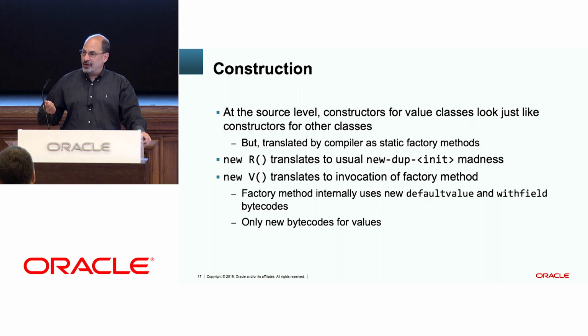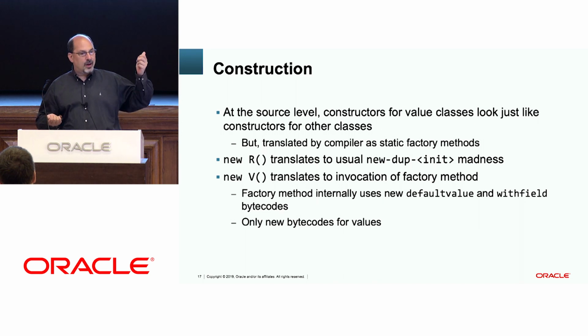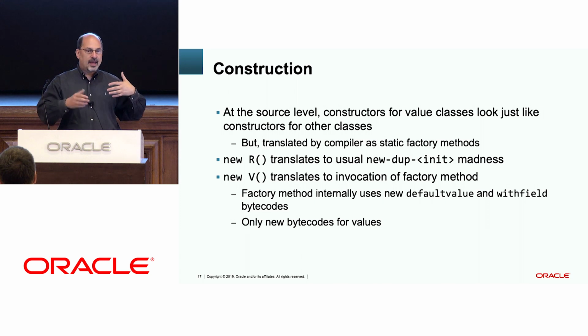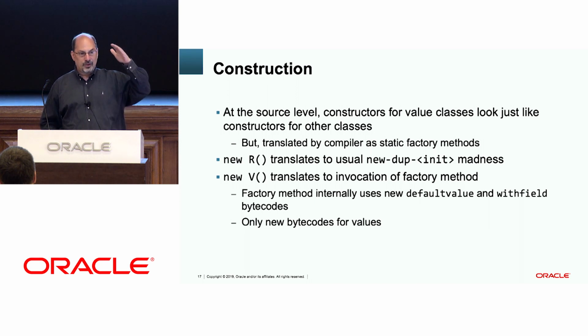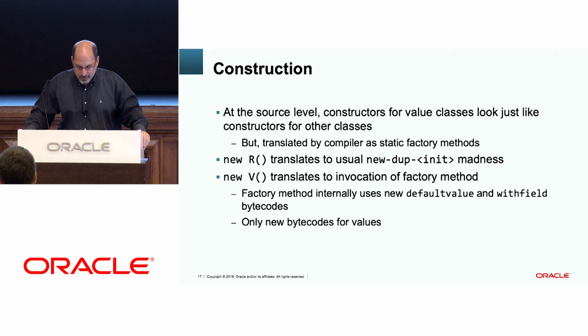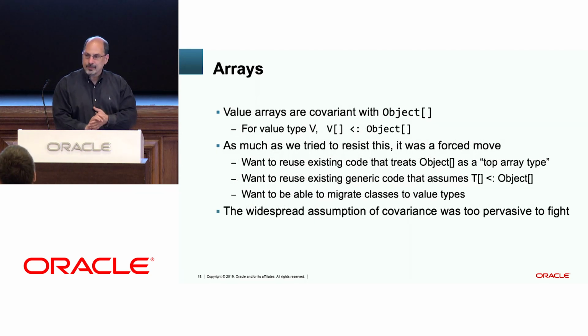One is called defaultvalue, which means get me the default version, the all zeros version of this value, and then withfield, which is, okay, take the value that's on the top of the stack and give me an equivalent one, except with this one field mutated. So the constructor will get translated into defaultvalue, withfield, withfield, withfield, and then the JIT will say, oh, I don't need to do that in that many steps. I can be a lot more efficient about that. So from the outside and from the source perspective, they look just like regular objects.